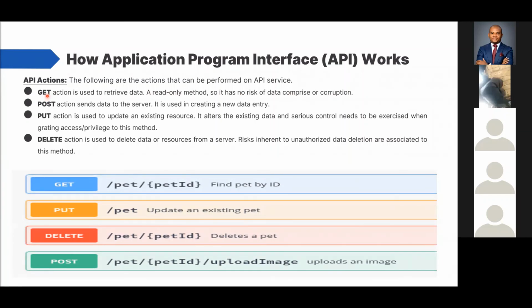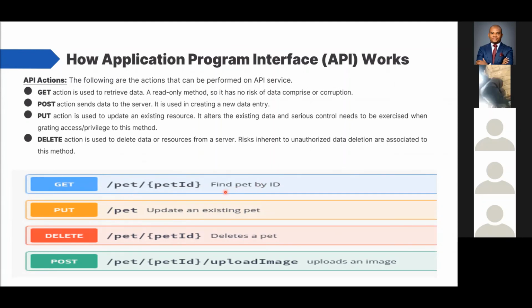Get is one of those critical functions that is dependent on getting information. It may not be too critical because of the action, but if we look at confidentiality and data disclosure, it is important that we emphasize security to identify who is having access.